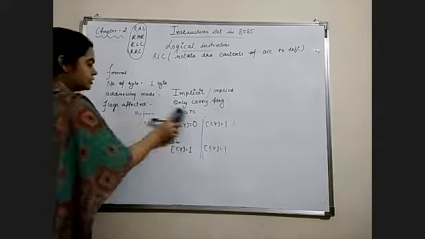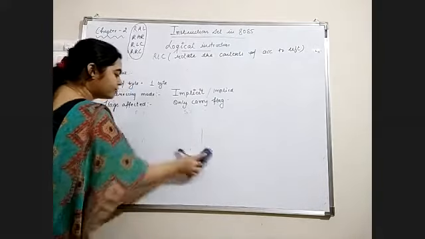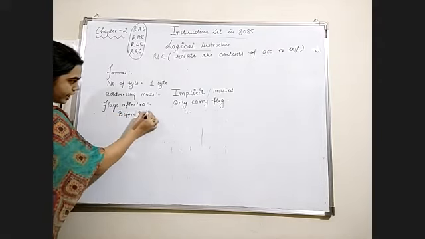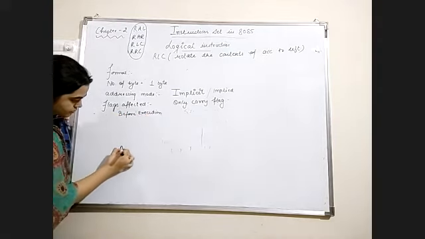We can see this instruction, but before that we can draw the diagram, before execution and after execution. We have an accumulator, and the accumulator is 8 bits. It starts from A0, then A1, A2, A3, A4, A5, A6, and A7.